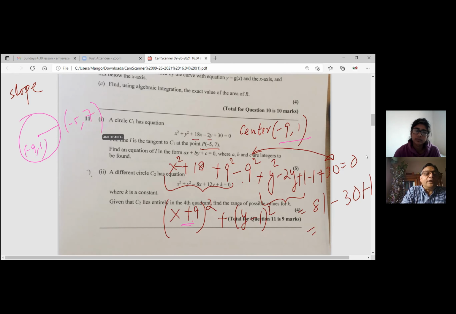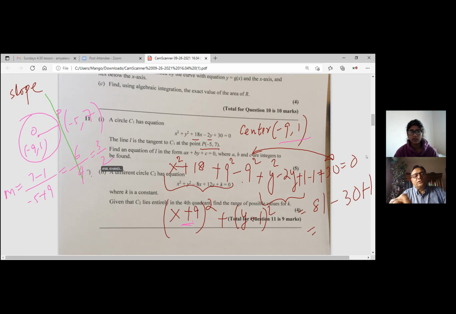So with these 2 points, let's say O and P, we can find their gradient, and the negative reciprocal will be the gradient of the tangent line. So let's find the gradient m now. Gradient m will be 7 minus 1 divided by minus 5 plus 9, and that gives you 6 over 4, which is 3 over 2, right?